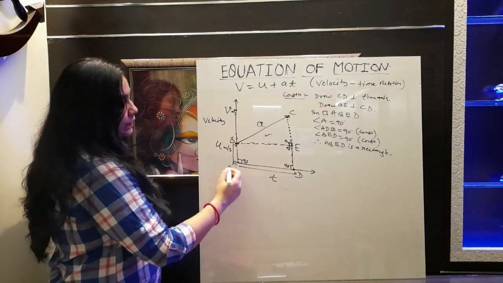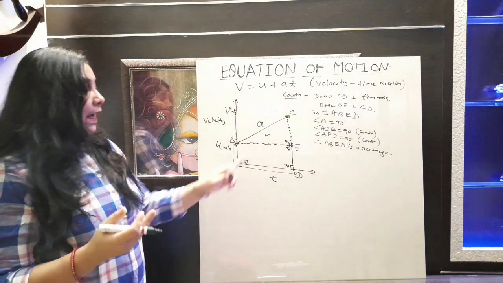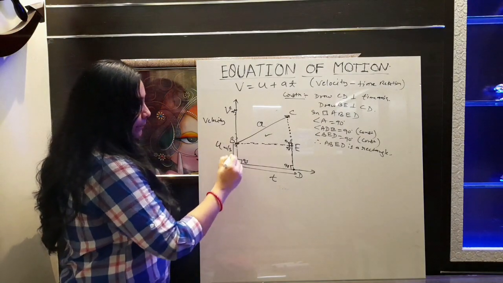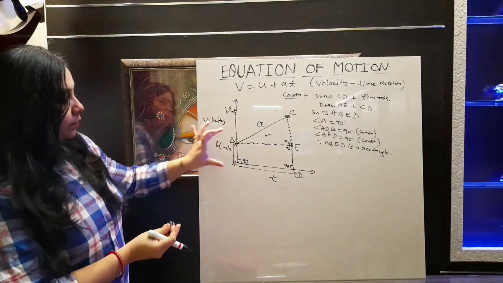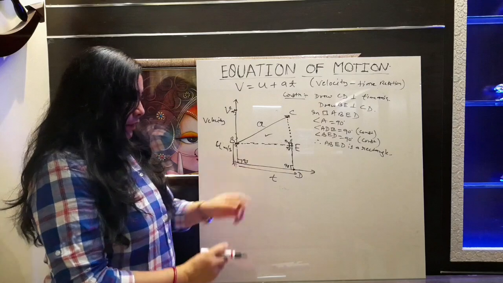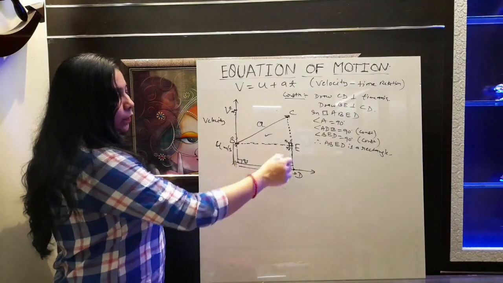Now this is ABED, which we already proved as a rectangle. See, this BA is u meter per second. Now if it is a rectangle, opposite sides of a rectangle are equal. So BA is equal to ED.